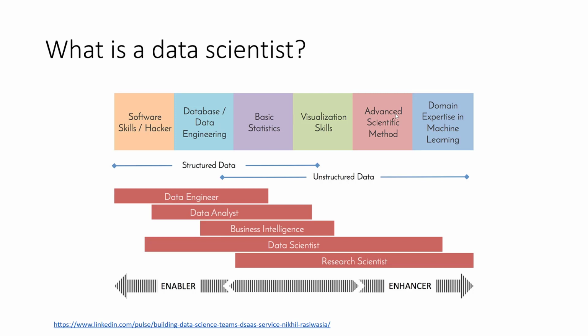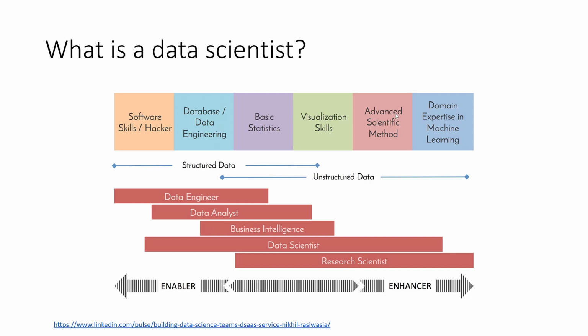Just one more visual here that I want to do before I wrap up. Again, these are those skill sets. This is kind of in some ways a flattening of that Venn diagram from earlier, but your data scientist has a long line in the spectrum. They need to have those software skills, that hacker mindset. They need to have database skills and understand what the data engineering team is doing.